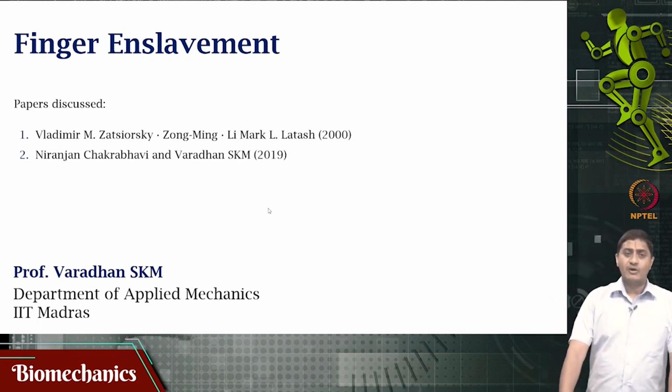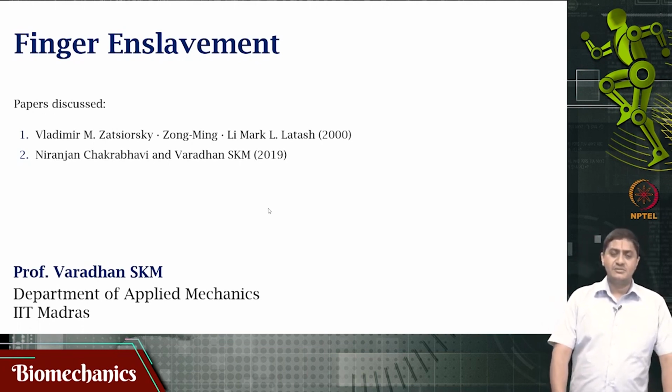Another paper is from our own neuromechanics lab at IIT Madras, co-authored by me with my past dual degree student Niranjan Chakrabavi. We discuss kinematic enslavement and the possible role of wrist posture in affecting kinematic enslavement in that paper.